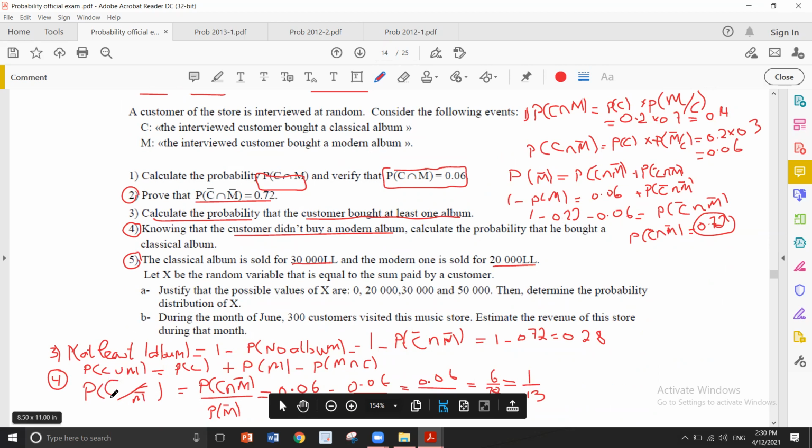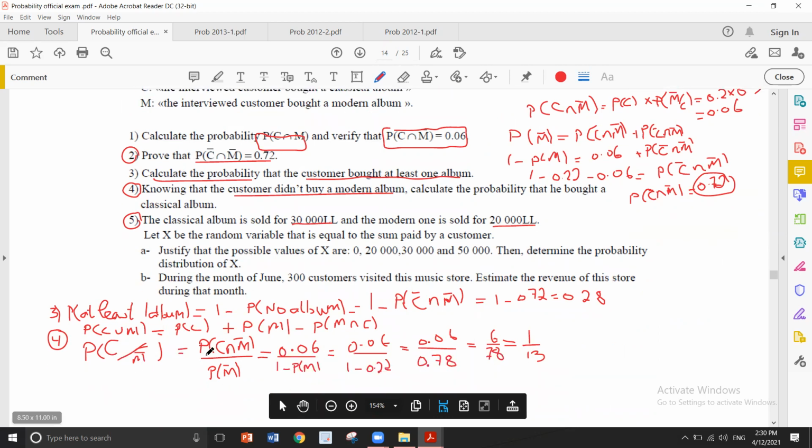Calculate the probability he bought classical, I put classical above the slash. The rule tells us probability of C intersection M bar over probability of M bar. C intersection M bar is 0.06. Probability of M bar is 1 minus probability of M. So 1 minus 0.22, we get 1/13.